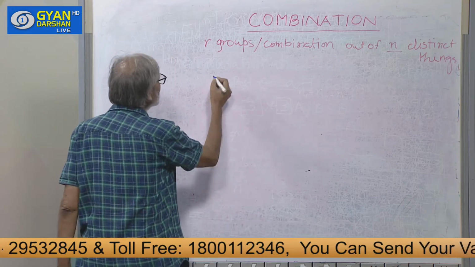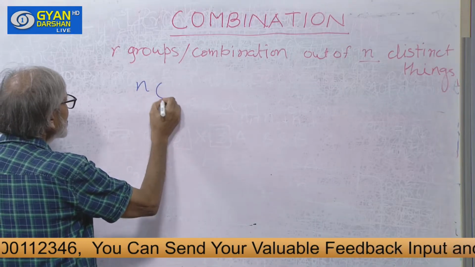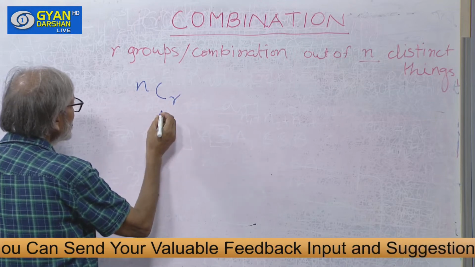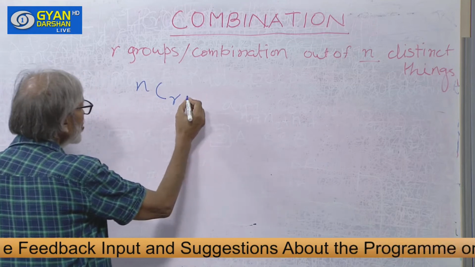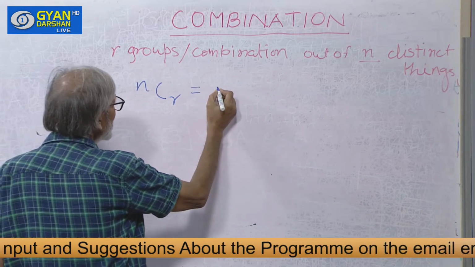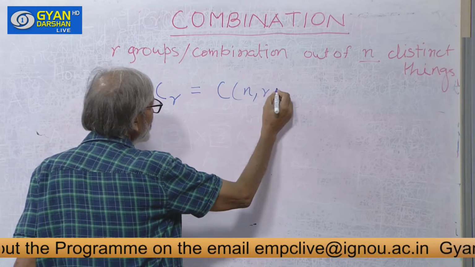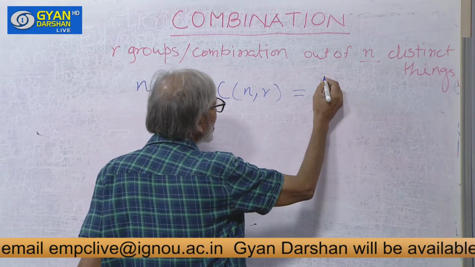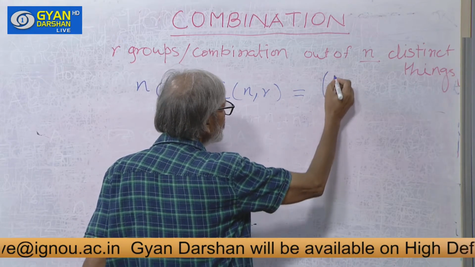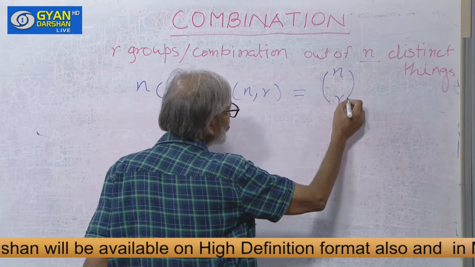We denote it nCr. C stands for combination, or we can write C(n, r), or this notation is also followed.